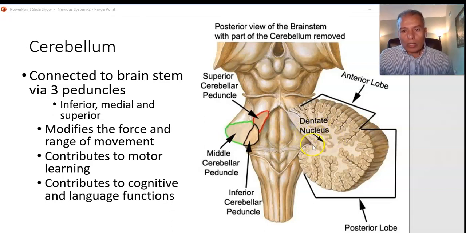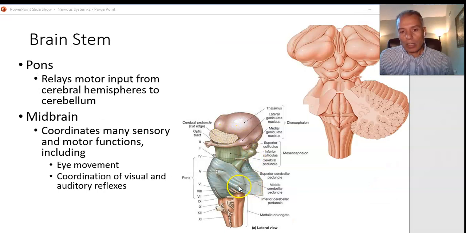These three arms are called, here's one, the superior cerebellar peduncle, going up through the midbrain and to the cerebral cortex. Then there's the inferior cerebellar peduncle that is going to go down through the brainstem and the spinal cord. And then there is the middle cerebellar peduncle that continues to form this whole area of the pons.